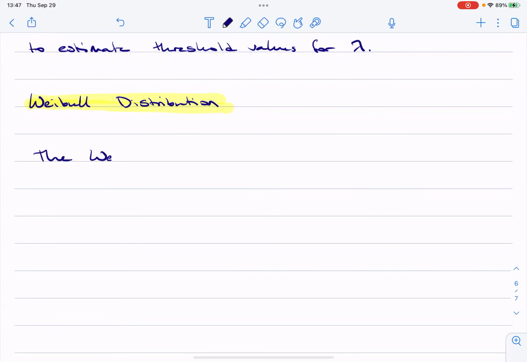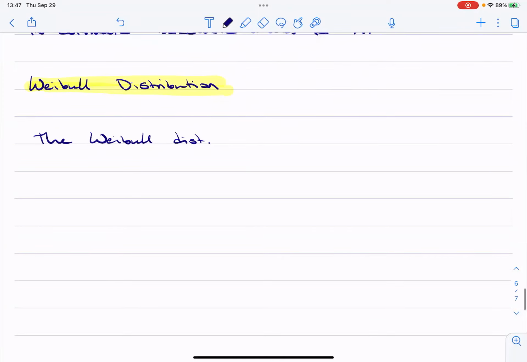The Weibull distribution is a generalized version of the exponential distribution. Okay, the exponential distribution was the one that was modeling how long it was going to take between events.